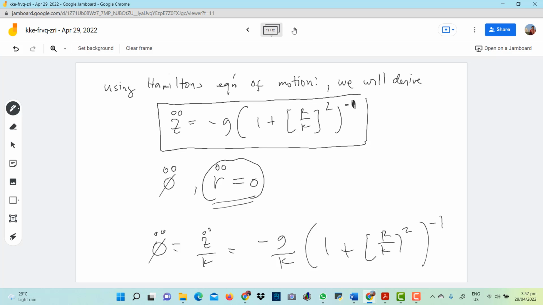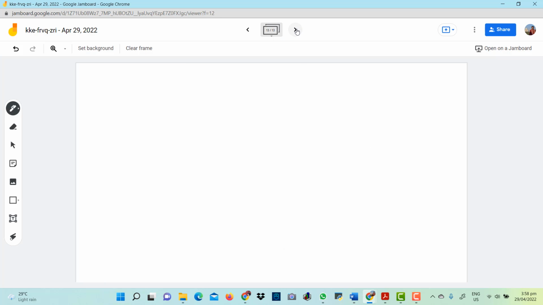Okay? So, again, using Hamilton's equation, what will be the equation of motion with respect to z? So what will be the z double dot? If you have time to solve, you can also solve for the Hamilton's equation of motion with respect to phi.